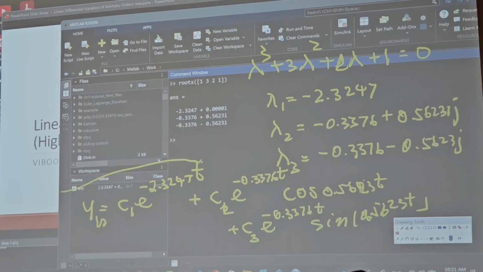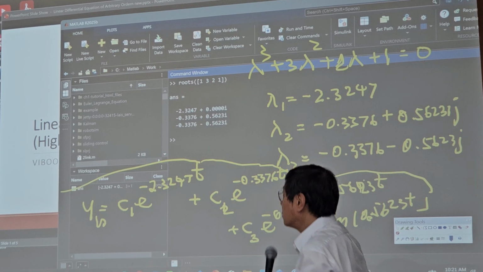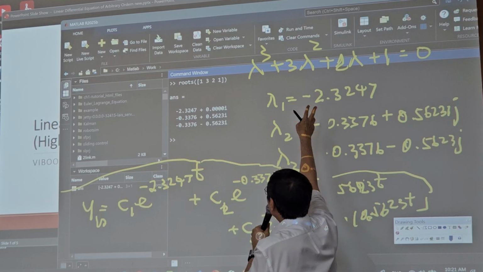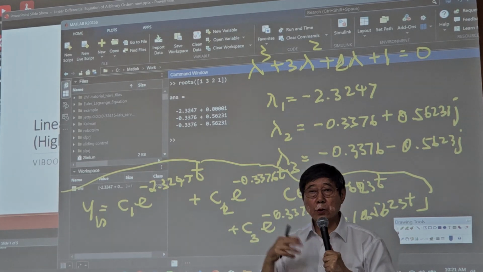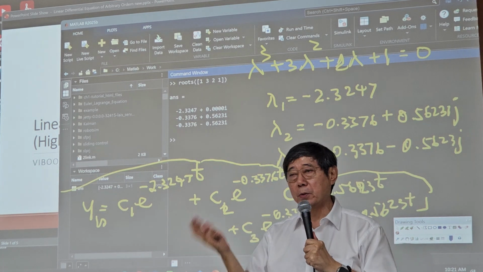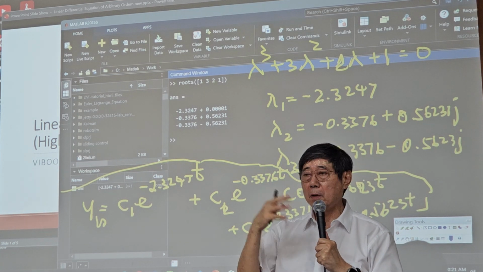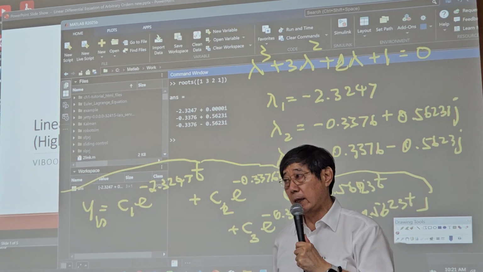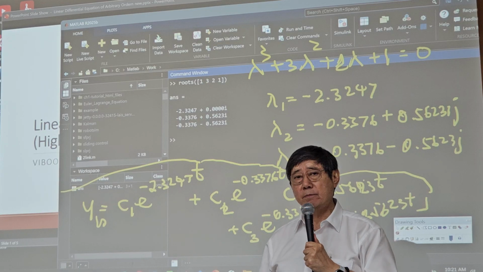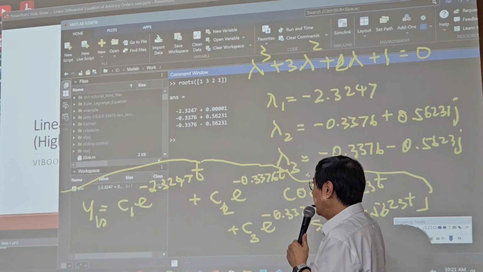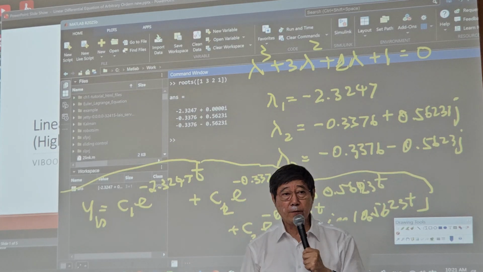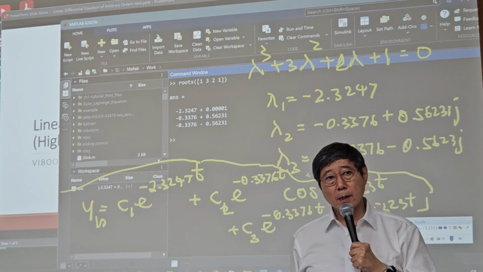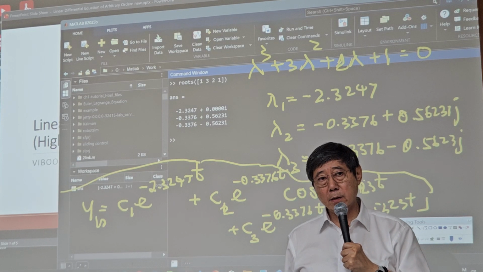It's a combination anyway. If you have a third order system, you're going to have 3 roots. Those roots can be repeated, complex conjugate, or distinct. The solution will be similar, and C1, C2, C3 need to be found from initial conditions.